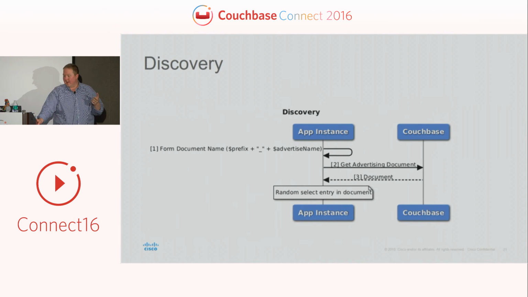On the discovery side, also just very simple logic. Your app instance says, I need to go talk to this application or this application. It pulls the document out of Couchbase. It has a set of nodes, randomly selects one to get load balancing across the set, and then talks directly to that node.